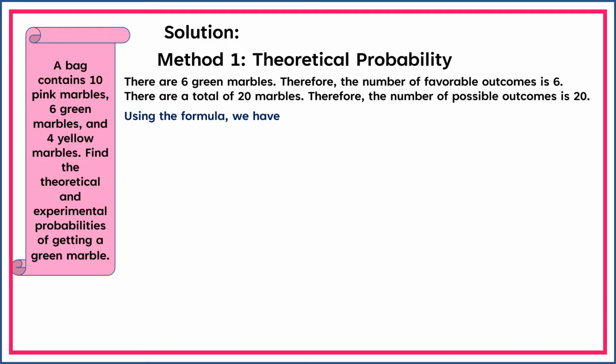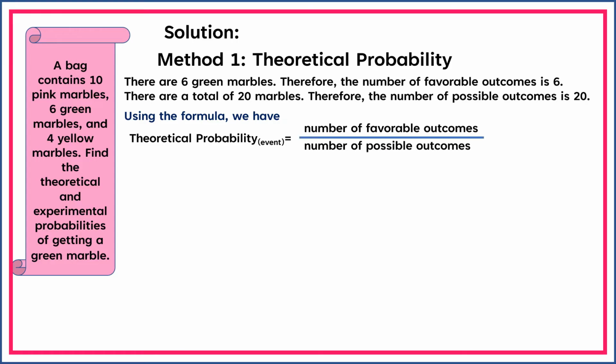Using the formula, we have theoretical probability of an event is equal to number of favorable outcomes divided by number of possible outcomes. So, the number of favorable outcomes is 6 and the number of possible outcomes is 20.